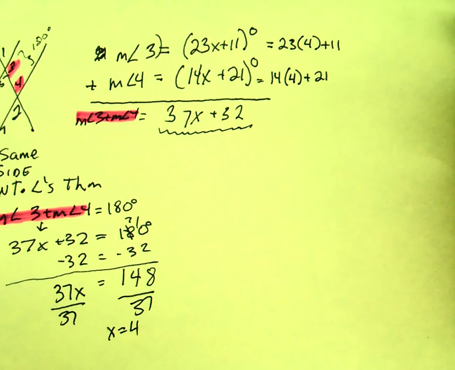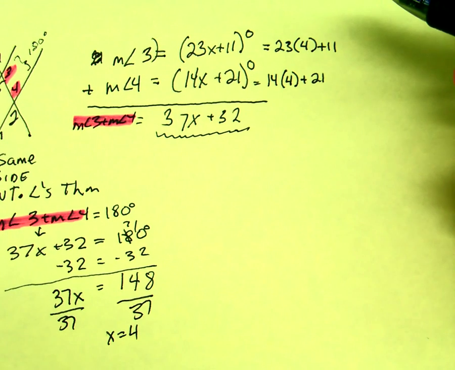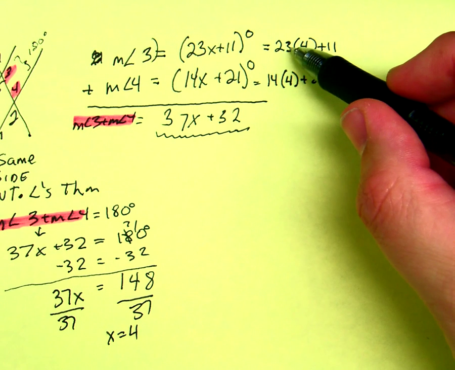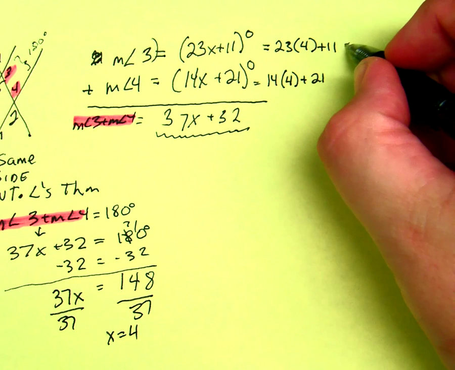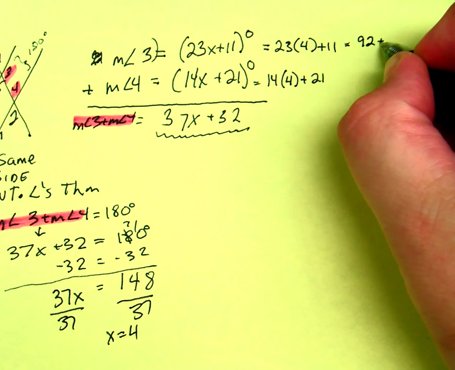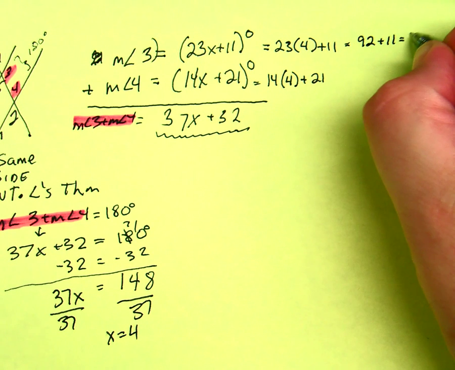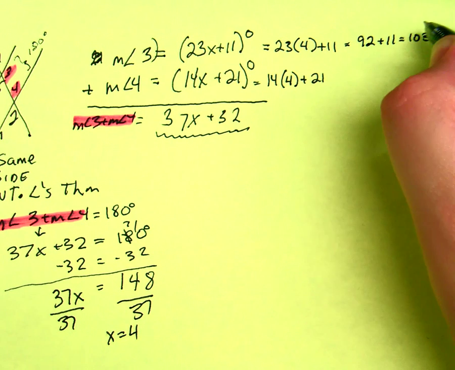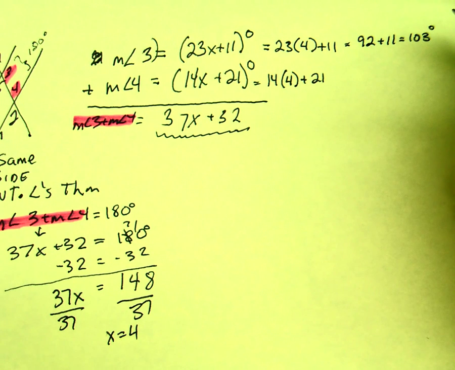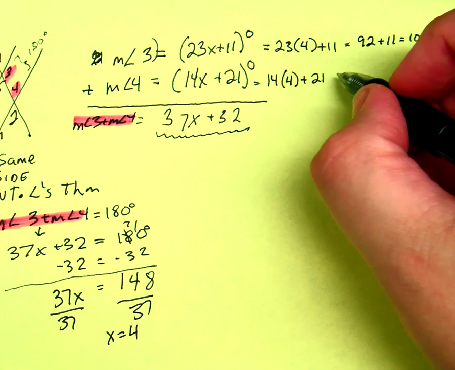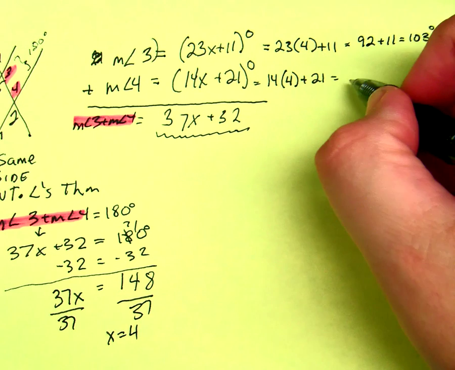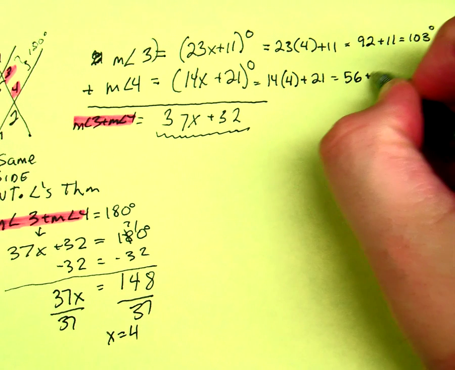And then it's probably calculator time again. This would be 92 plus 11, which is 103 degrees. And this is going to be 56 plus 21, which is 77 degrees.